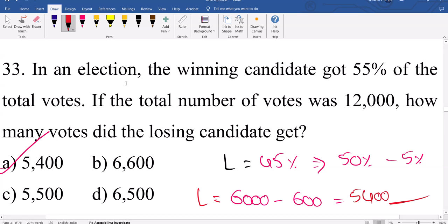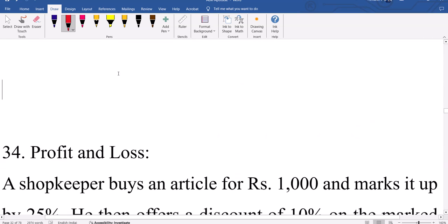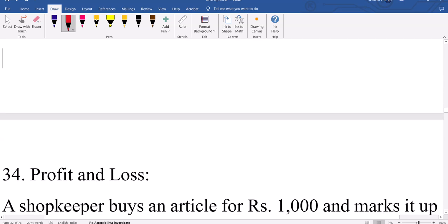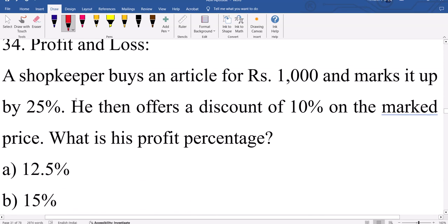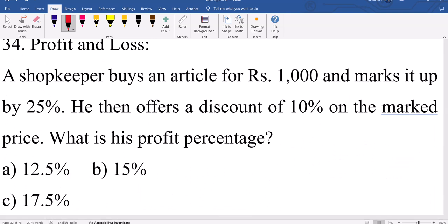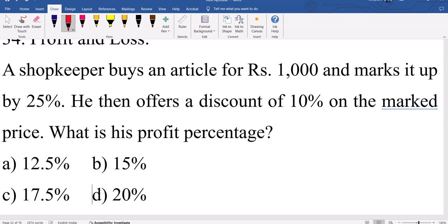Next one, profit and loss. Buy an article for 1,000, increase the price by 25%. Markup means increasing. Offer 10% discount. What is the profit percentage?